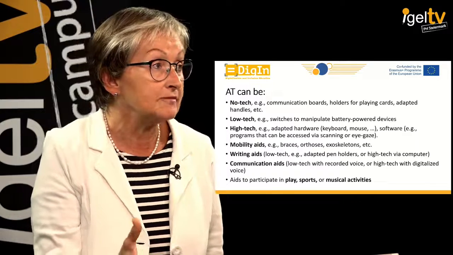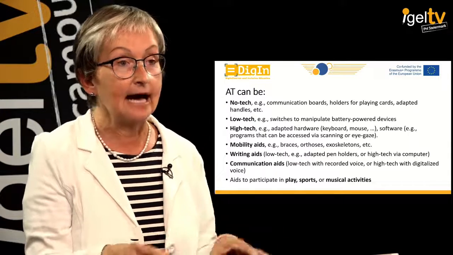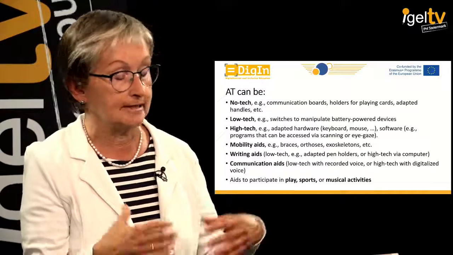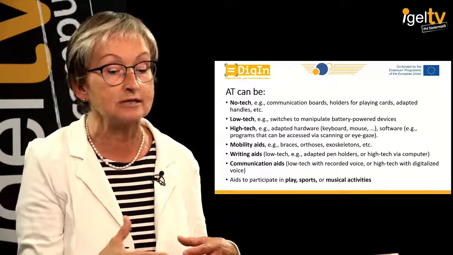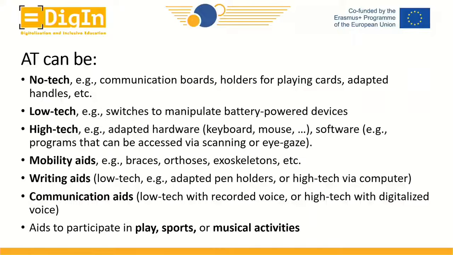Or then, of course, we have the range of high-tech AT, for example, adapted hardware. I will later tell you about adapted keyboards, adapted mice, or software that can be accessed also by scanning or by eye gaze. So we do not have to use a keyboard when a person is not able to do so.